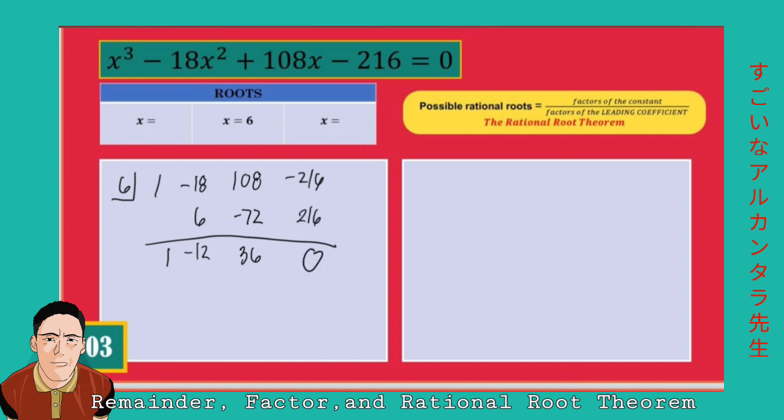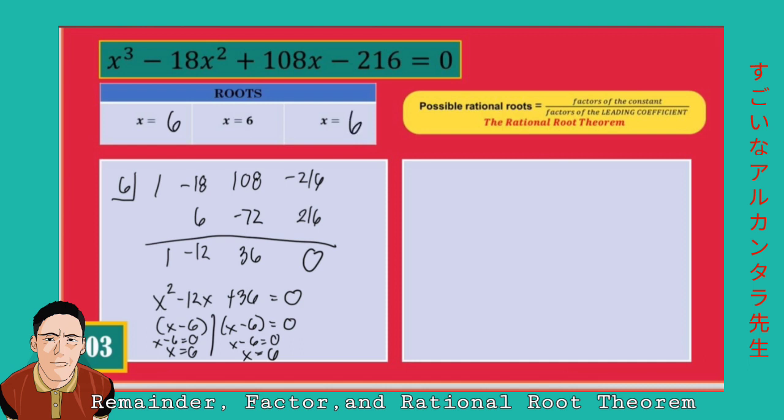So this means x squared minus 12x plus 36 equal to 0. This is also factorable. We have x minus 6 times x minus 6. So x minus 6 equal to 0, x minus 6 equal to 0, x is equal to 6, x is equal to 6. So again here, our roots repeated.